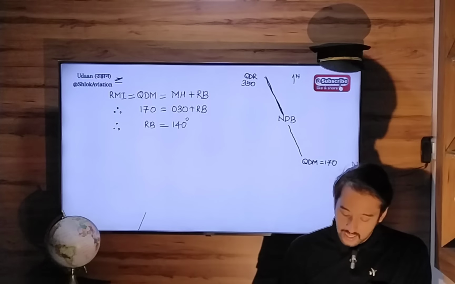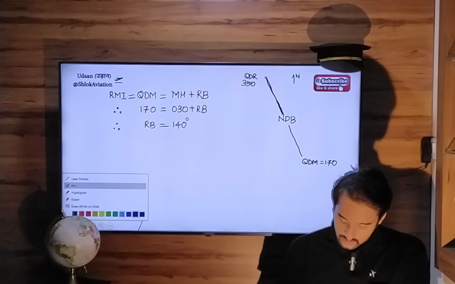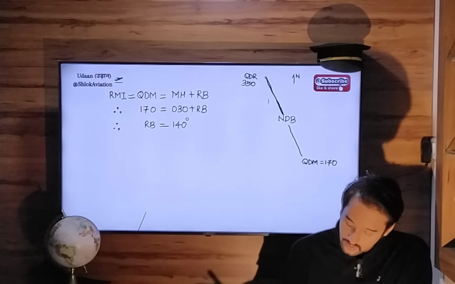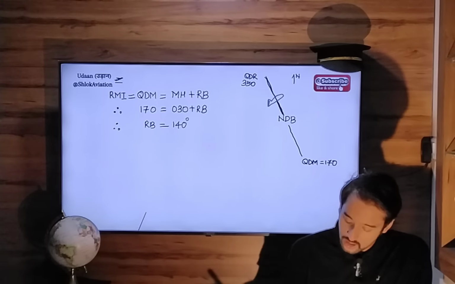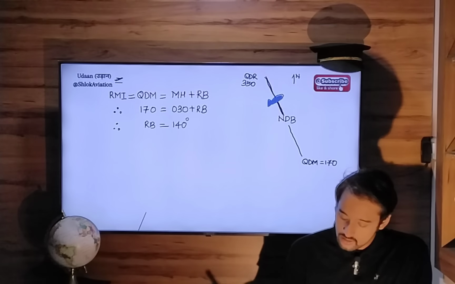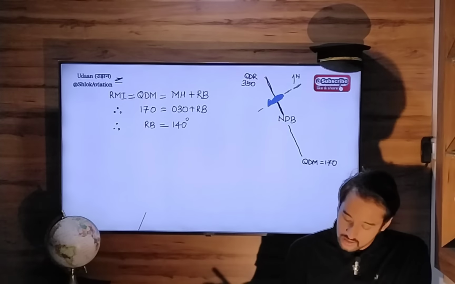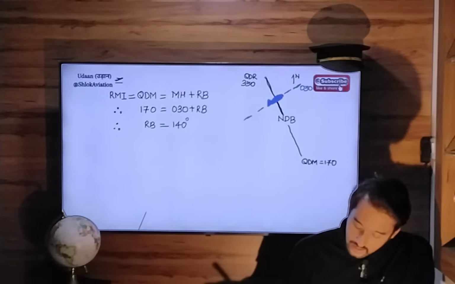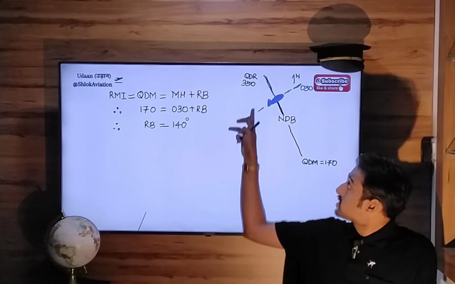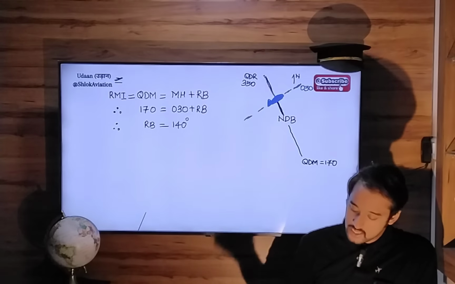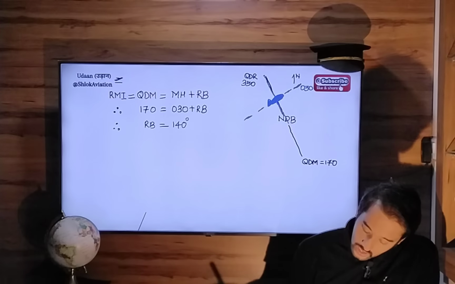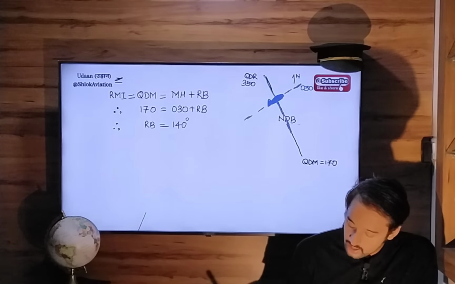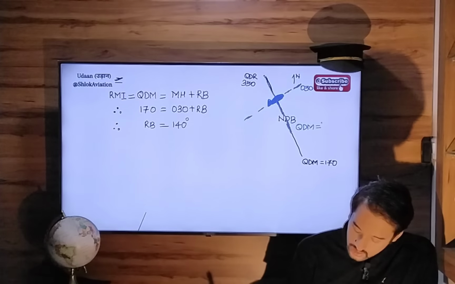Aircraft is heading 030. So the track QDR away from the station is 350. Towards the station is this, which is QDM 170.